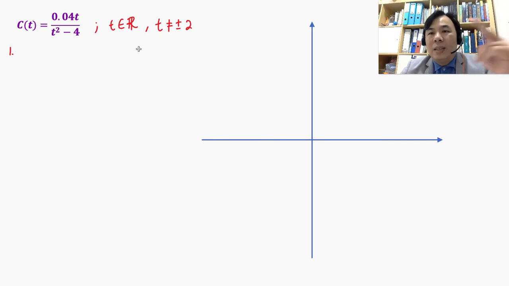So those are the only two values where the concentration of the antibiotic is unknown. Right? Other than that, for all the real numbers of t, yes, we are able to determine the concentration of the antibiotic.